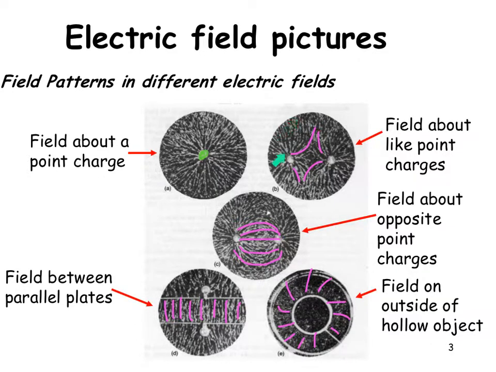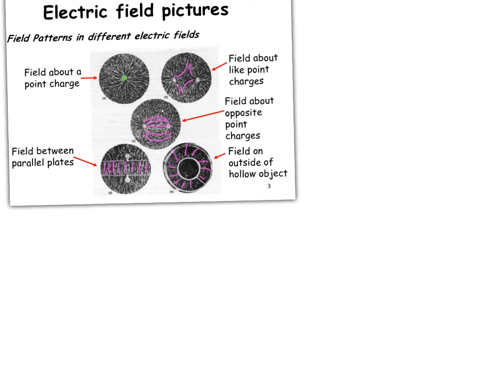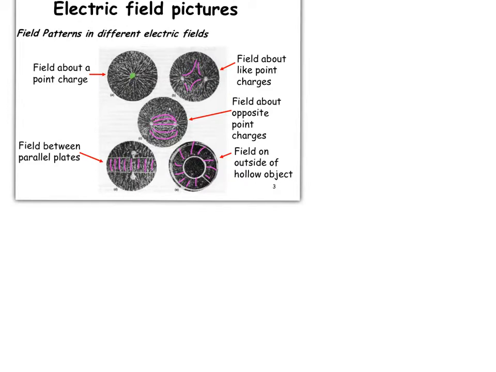Now, I want to just investigate these two a little bit more. Let's say I had a positive point charge here and a positive point charge here. And there's a radial field around each of them. And it's from positive towards negative. So it's away from the positive.